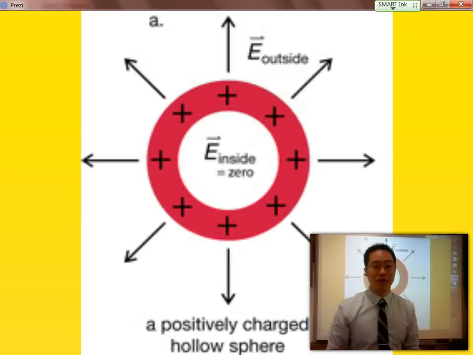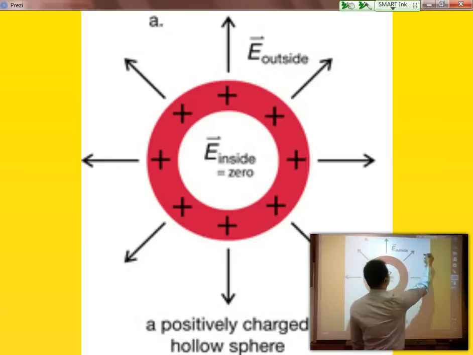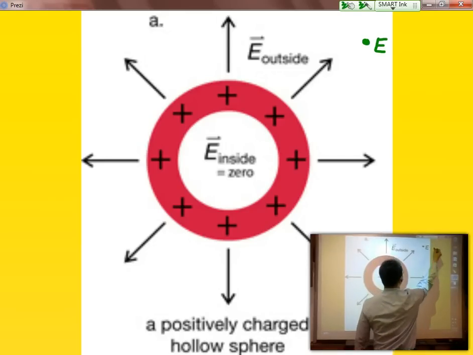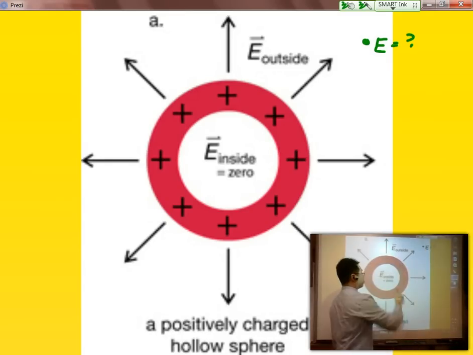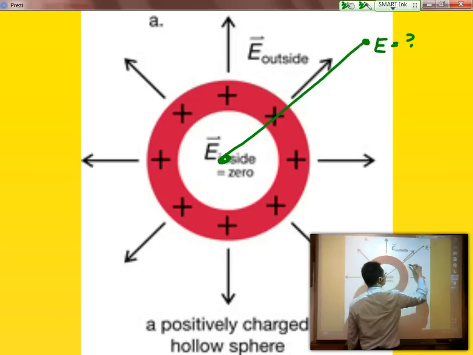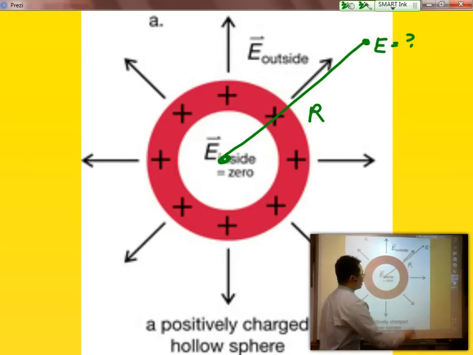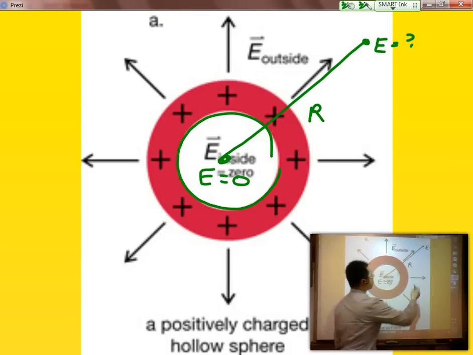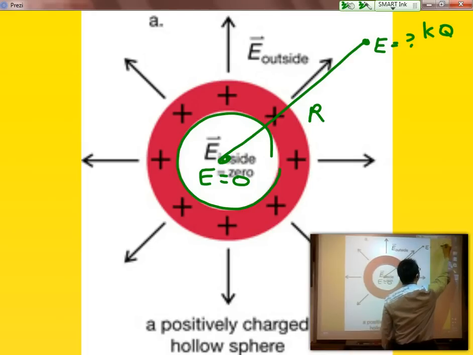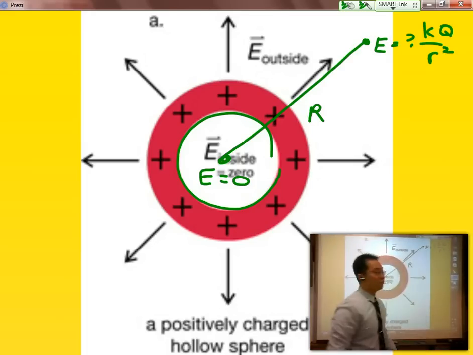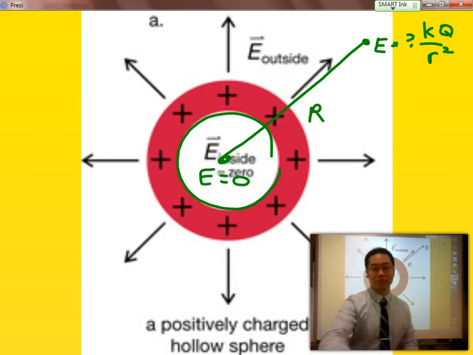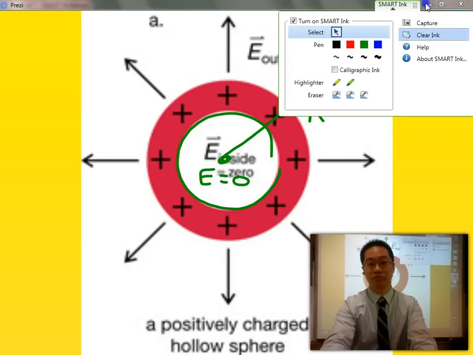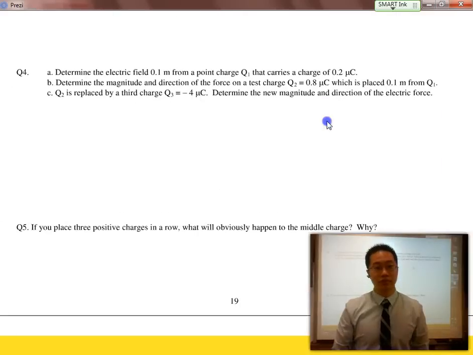So in this case over here, if I wanted to solve for the electric field at a certain point, I would measure it from the center. Even though I know that everywhere inside the hollow conductor, E is equal to 0, when I use the formula E equals K Q over R squared, I still measure from the center of the solid or hollow conductor.